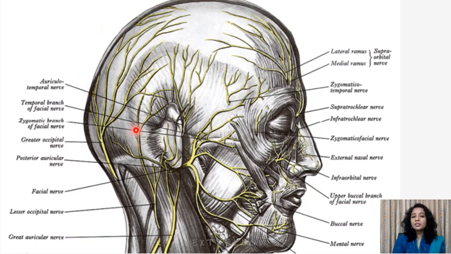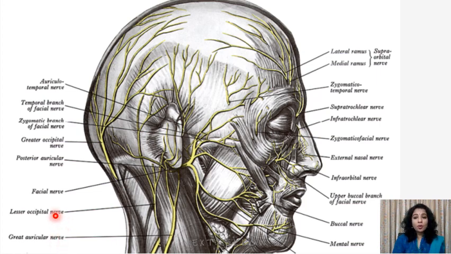Posterior to the ear, the scalp is supplied by the greater auricular nerve. We can see the greater auricular over here. It supplies the area posterior to the ear and in front of the ear, the skin over the angle of the mandible as well, with root value C2, C3.